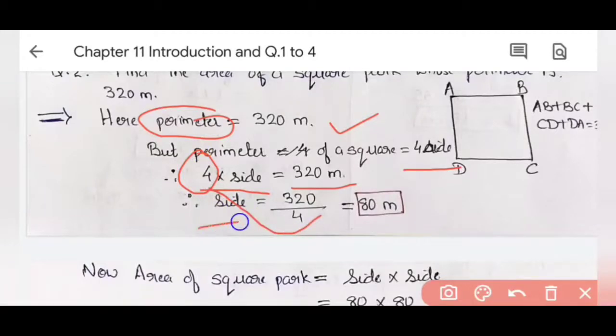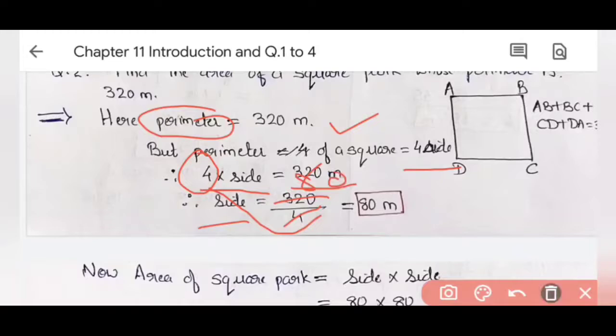So we will get side is equal to 320 divided by 4. 320 divided by 4, I will get 4 1s are 4 and 4 8s are 32, and this 0 we will place here. So we will get side of the square as 80 meter.